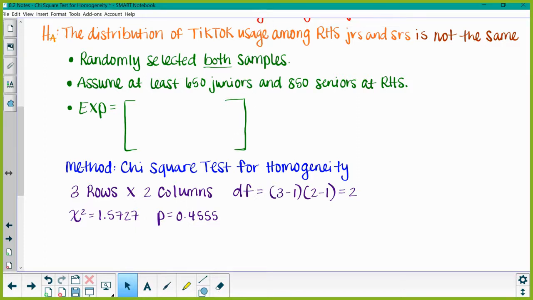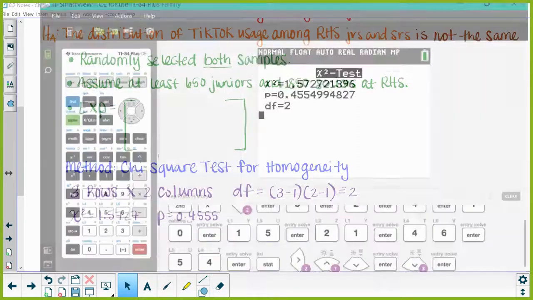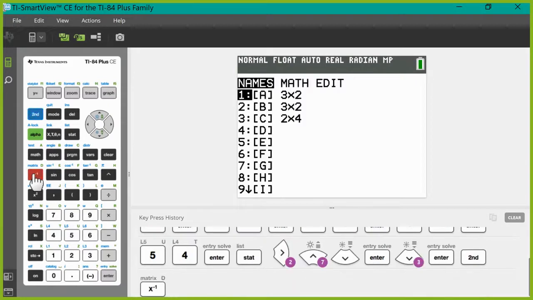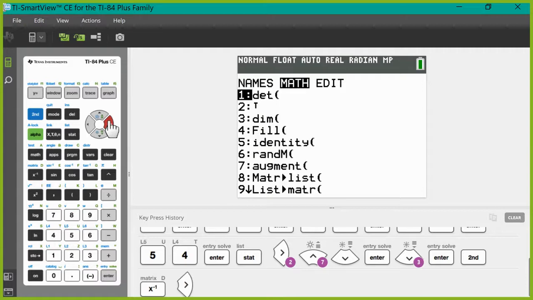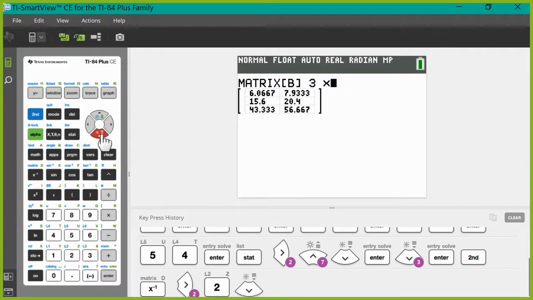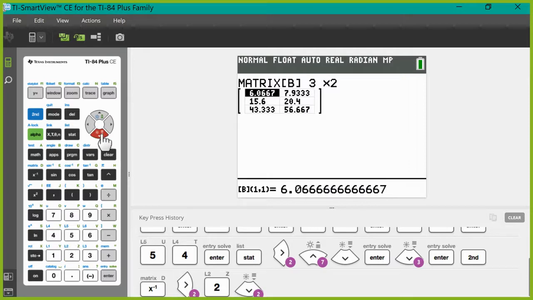So I'm going to go back to my calculator and go to matrix again, so second matrix. Now you have a couple of options of how to get your matrix visible. If you notice, now matrix 2, matrix B, is populated. You could go to edit and select 2, and then hover over each cell, and it has the expected counts there for you.